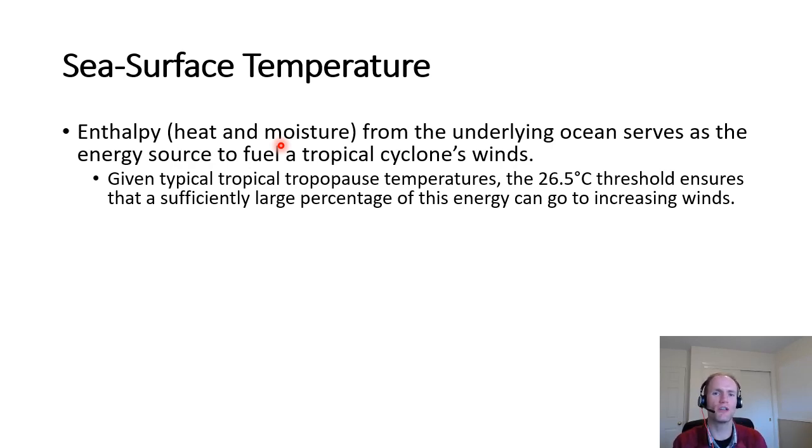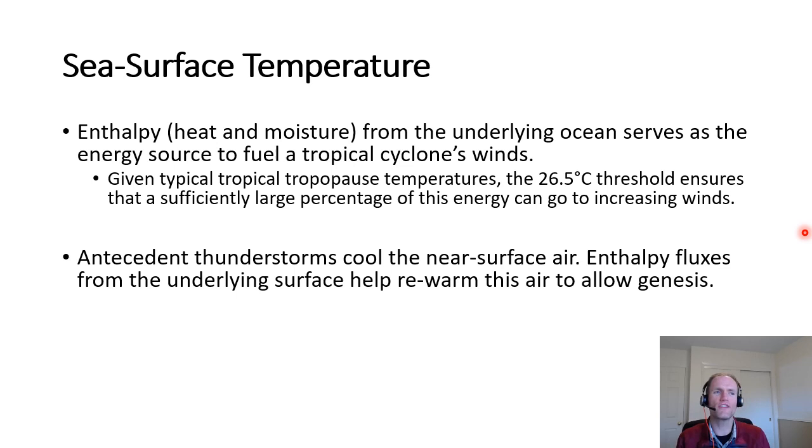Not all of it is going to be able to go straight into kinetic energy in the form of cyclone wind, but 30 to 40% of it at least needs to go into that. And this 26.5 Celsius threshold is that sea surface temperature at which you typically get 30 to 40% of that underlying energy from the ocean going into this ability to actually fuel the cyclone's winds.